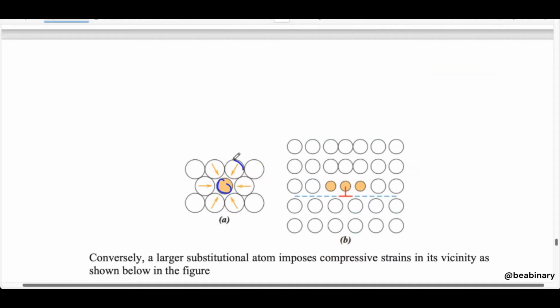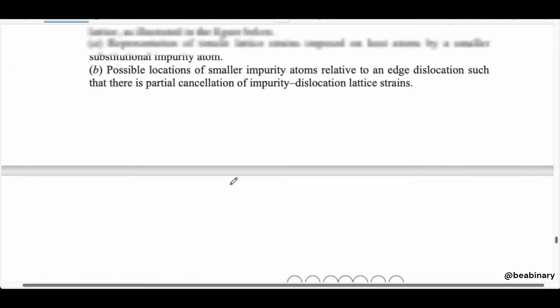You can imagine the white ones are the pure metal, the pure atoms present in that particular crystal, and this orange one has been introduced by some means. You can say this is an impurity. So it has attracted the nearby atoms, and they are in a compressive nature.